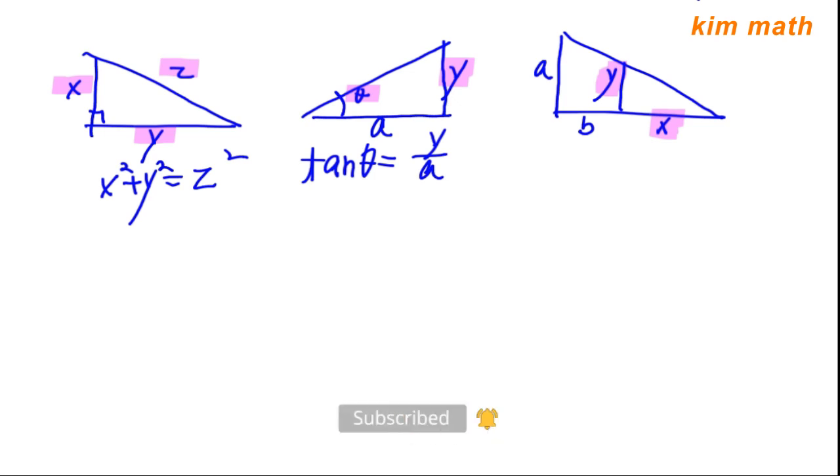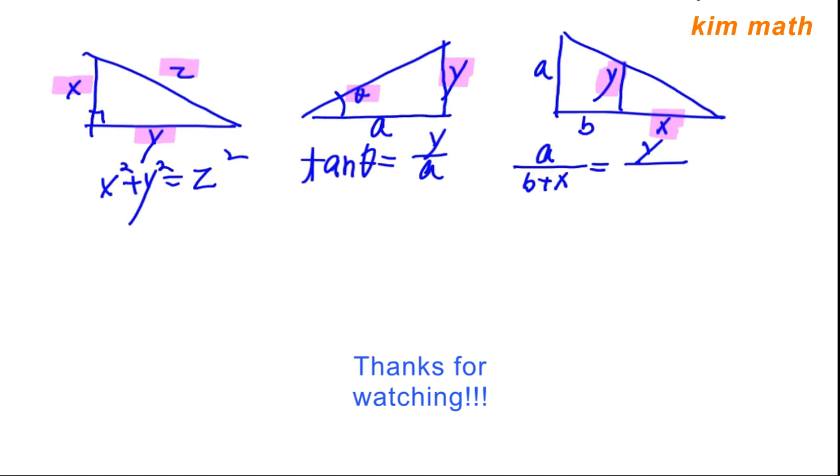I will use the proportion: the height of the big triangle to the base of the big triangle equals the height of the small triangle to the base of the small triangle. Okay? So if you can make an equation, we can proceed to your next step.